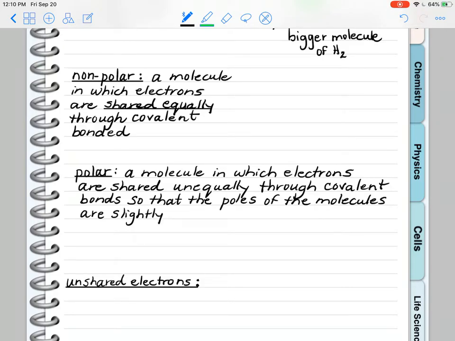So these polar ones have a slight charge at the poles. They're slightly positive or negative.